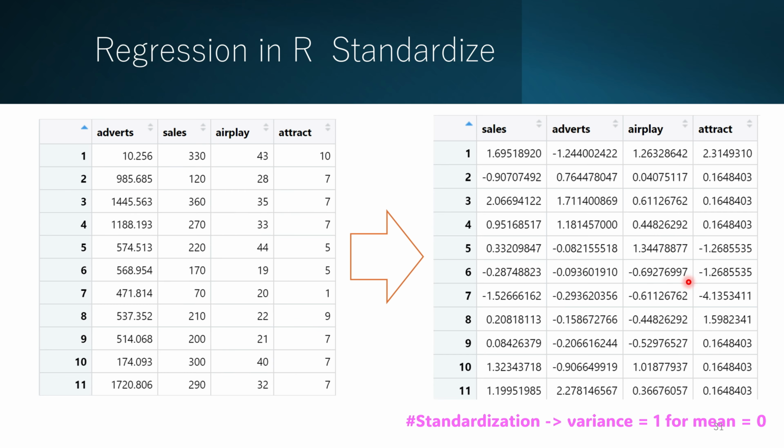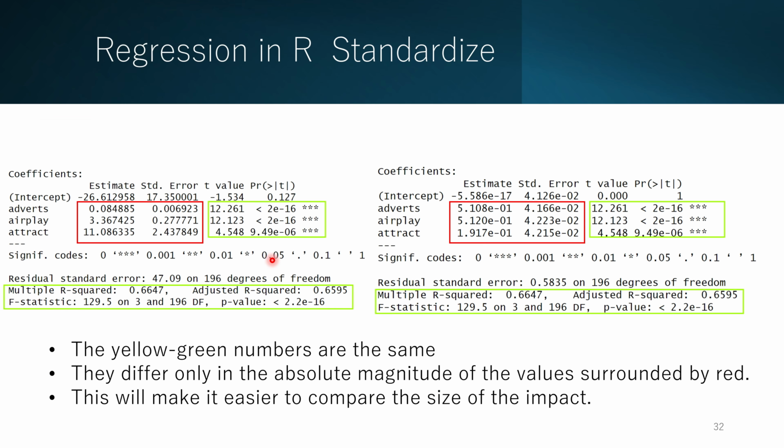Okay, we can check it in a slide like this. This is the not scaled version, and this is the scaled, after standardized version. The yellow-green numbers are the same. I mean the t-value and p-value statistical significance are all totally the same.